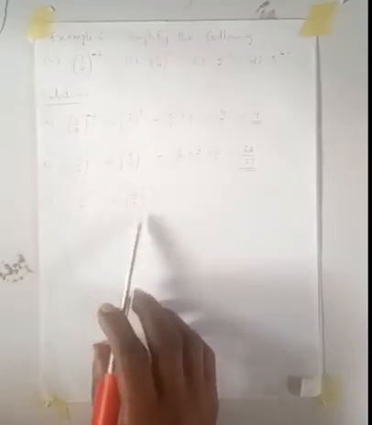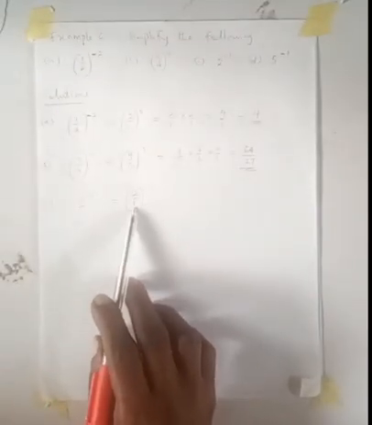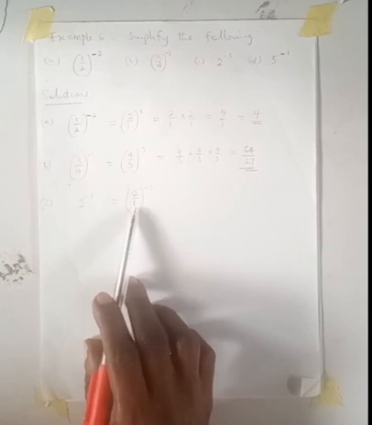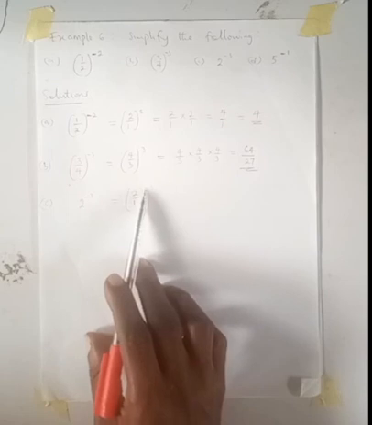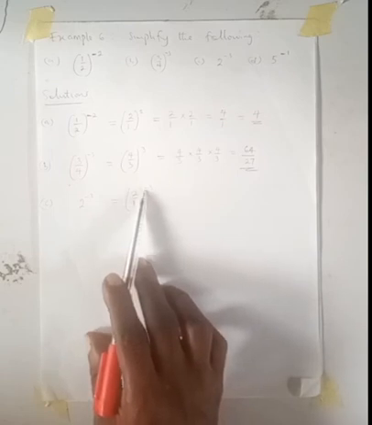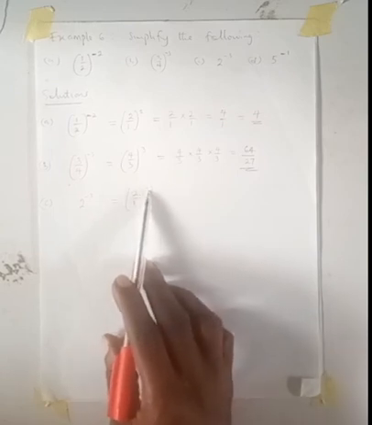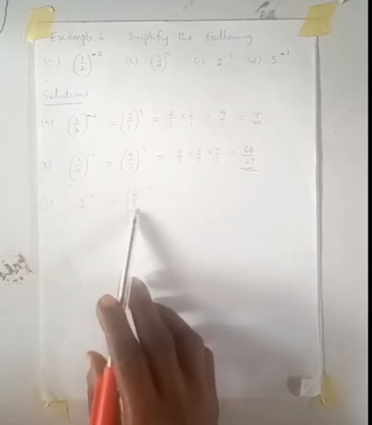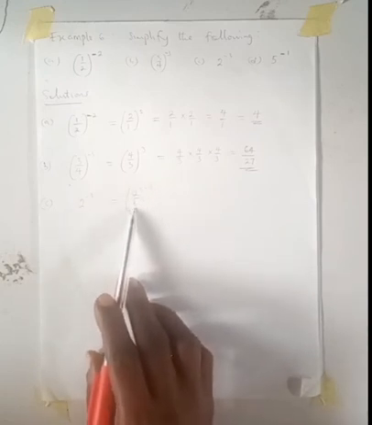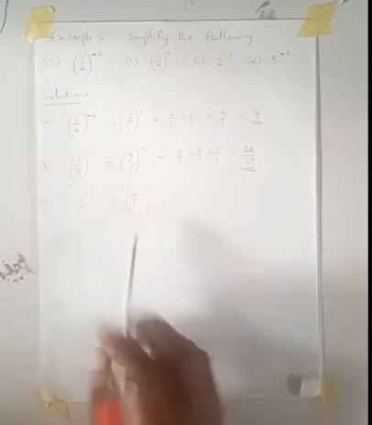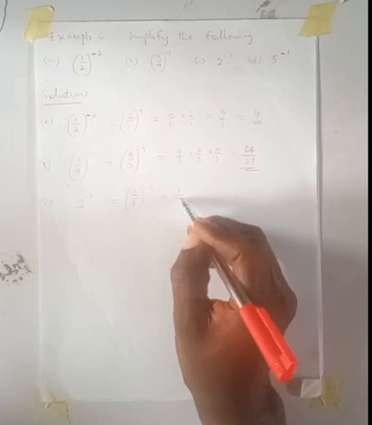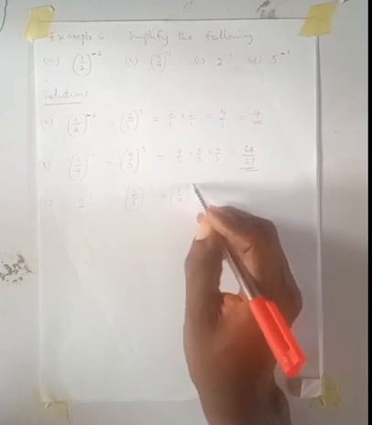Now our whole number has been changed to a fractional number. So once it's a fractional number, it's now very easy for us to eliminate the negative sign. So to eliminate this negative sign simply means that I have to interchange the position of my numerator as well as the denominator, and that is going to be 1 over 2 raised to power 3.